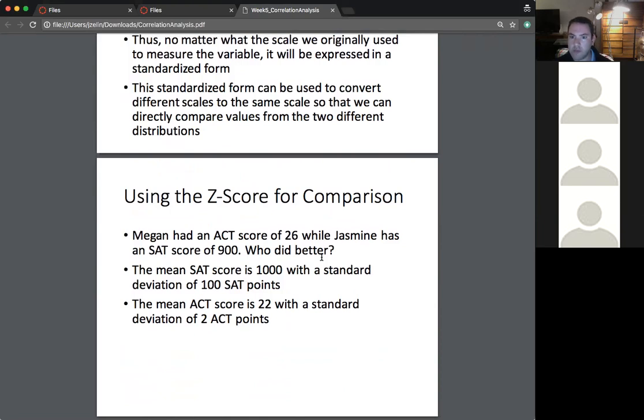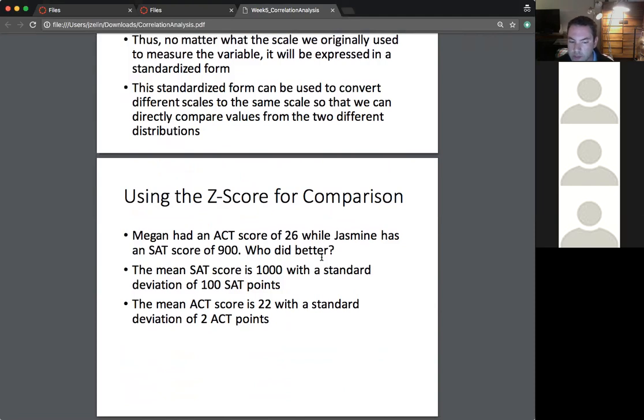So the whole point of a z-score is instead of saying the mean ACT score is 22, we could say that a z-score of 0 is representative of 22 on the ACT. And here we're saying that a z-score of 2 is representative of a score of 26 on the ACT, right?